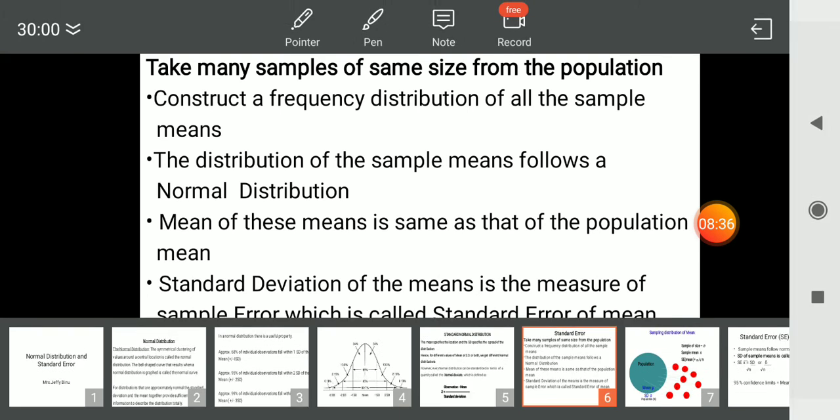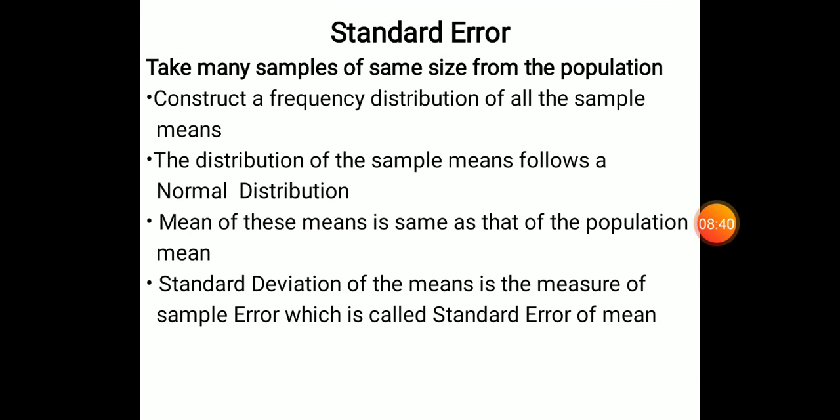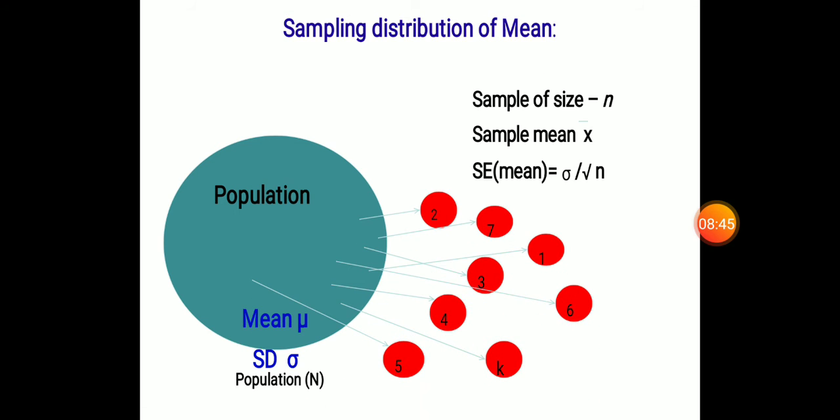I will show you here. From the same population we are selecting repeated samples. All these red circles are samples which we are selecting from the same population.